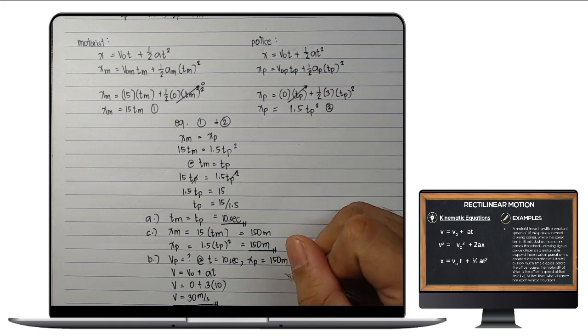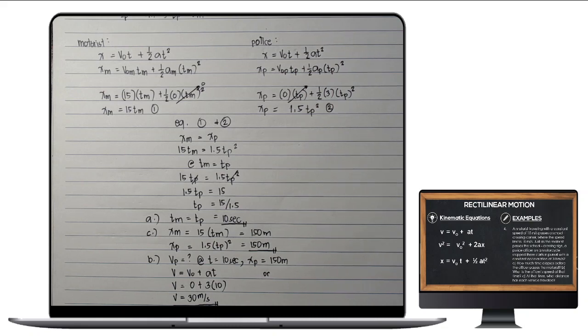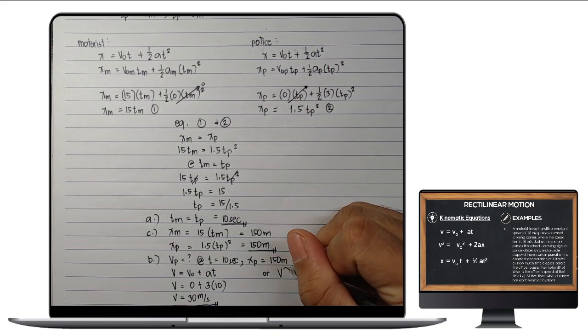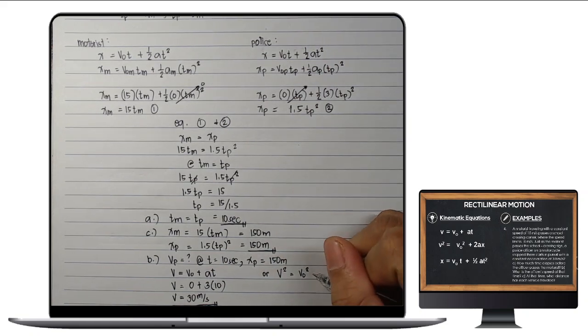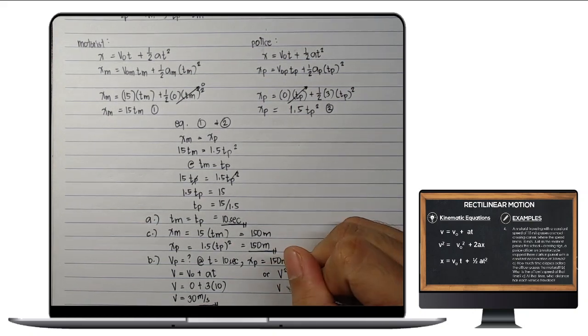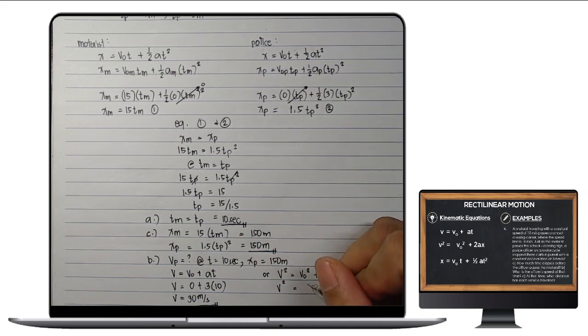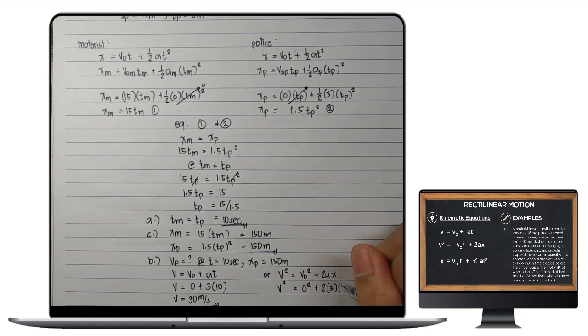Or you may use the second one. That is v square. Let's use v square is equal to vo square plus 2ax. So v square is equal to vo square, and vo square is 0 square plus 2 times a, which is 3, times x, which is 150.